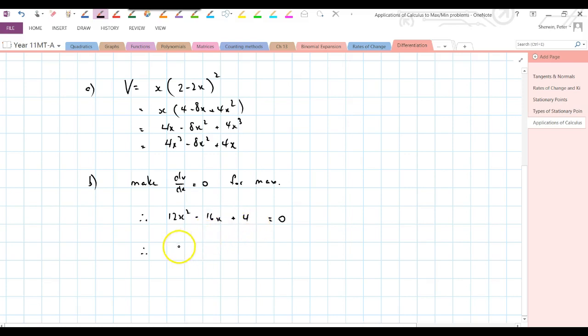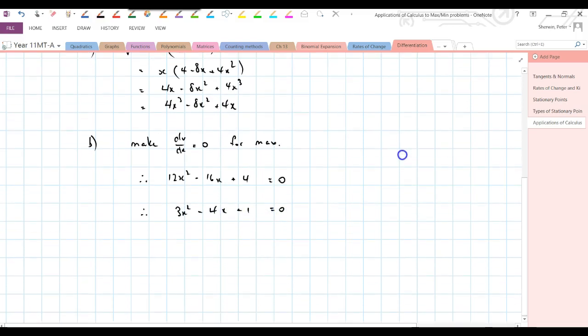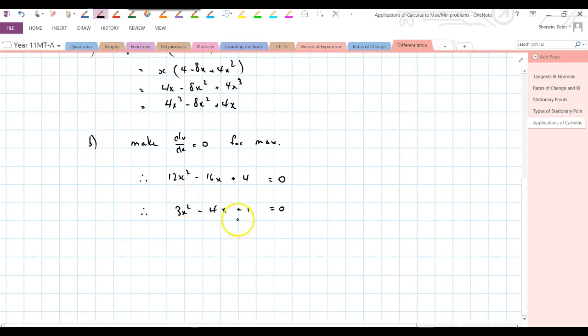So let's go through and solve this now. We can divide through by 4 firstly. 3x squared minus 4x plus 1 equals 0. Now to factorize this, I'll do it the way that most of you are doing it. Multiplies to 3, adds to minus 4. Those two numbers are minus 3 and minus 1. So we've got 3x squared minus 3x minus x plus 1.